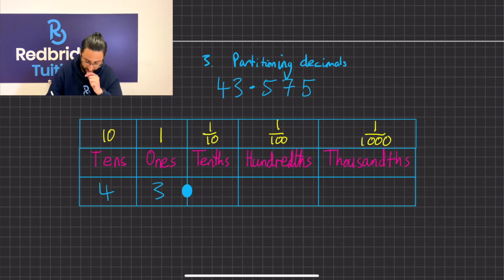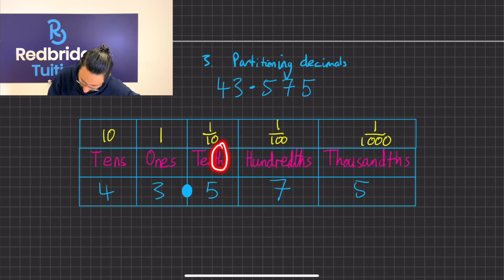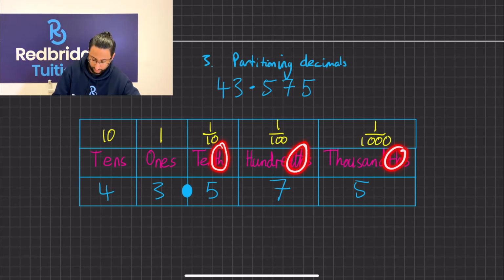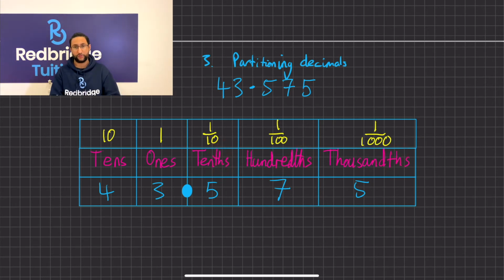So I'm going to fill this out now. So we have 5 tenths, 7 hundredths and 5 thousandths. So you can see here the TH is quite important. Don't get it confused with the whole numbers on the other side of the decimal point.